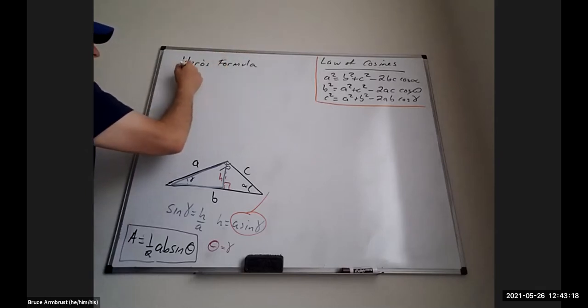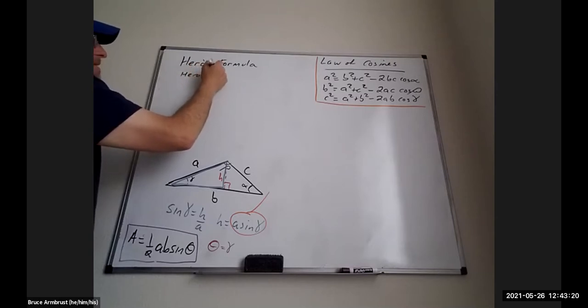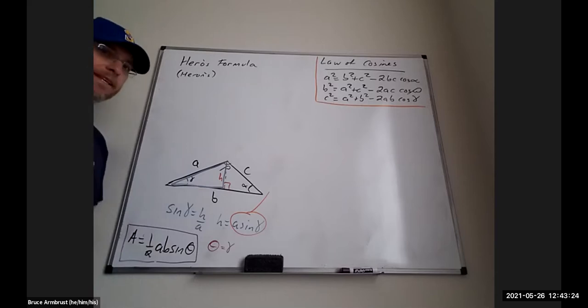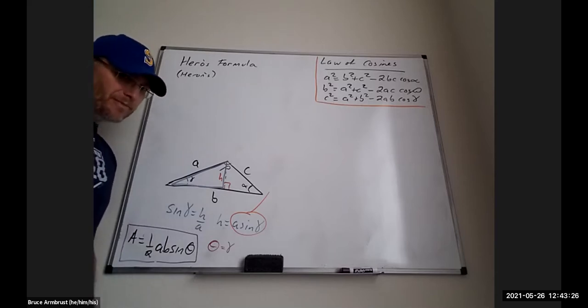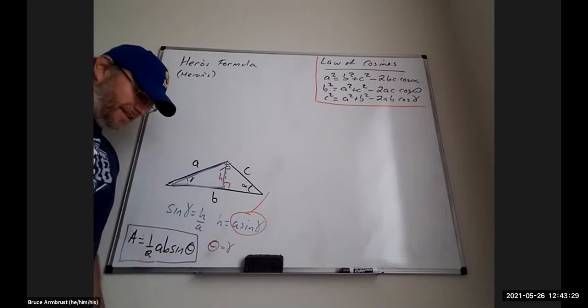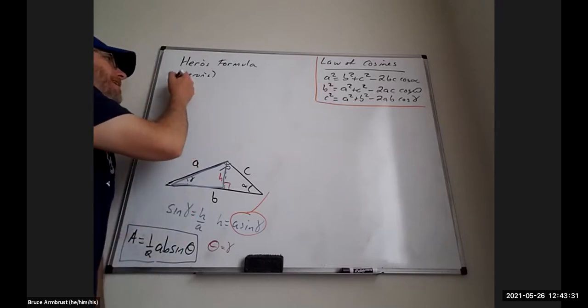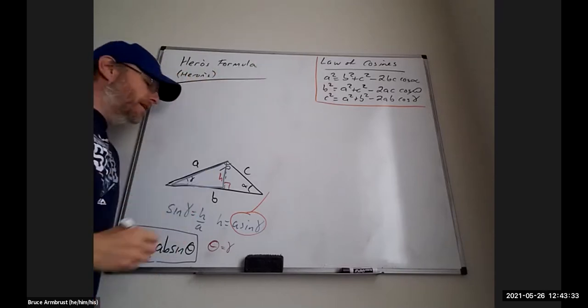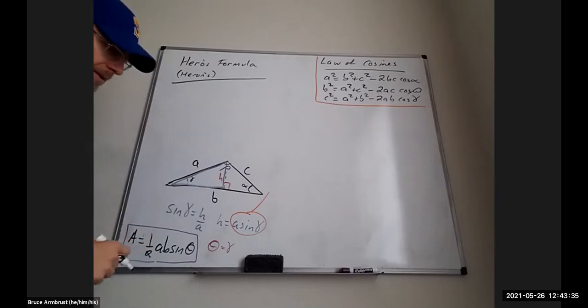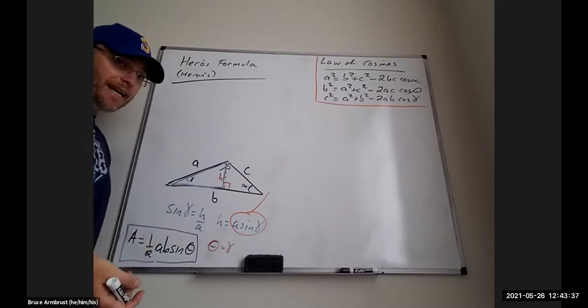Also, sometimes you'll see it written as Heron's formula. Guy goes by a couple of different names. I like Hero's. So Hero's formula allows you to get the area if you know all 3 sides.